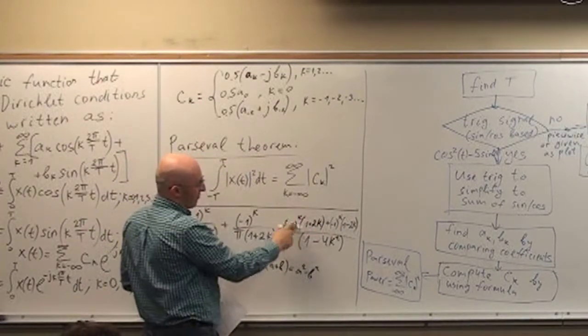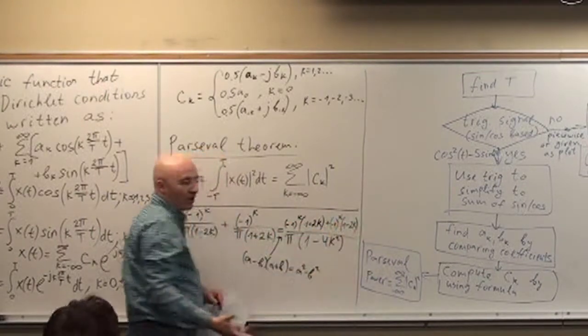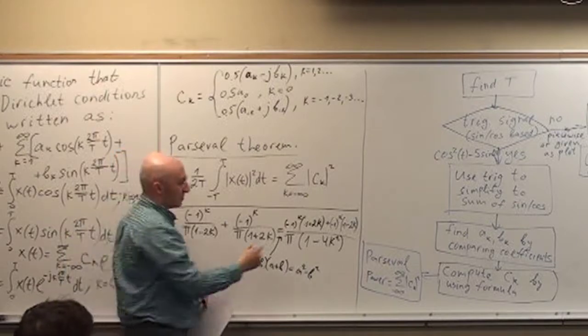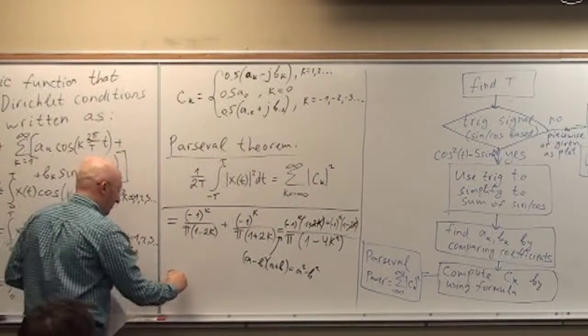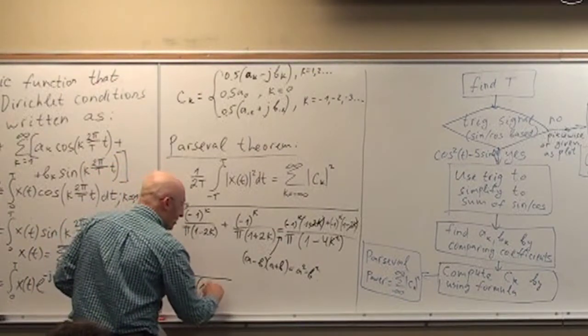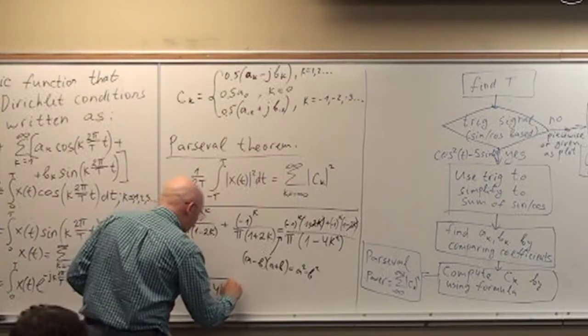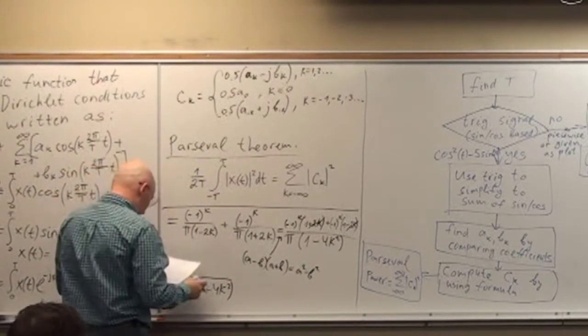Then minus 1, whatever it is, multiplied by 2k, and the same thing multiplied by minus 2k, they will cancel. So those things basically cancel. And this is what you will get. It's pi over 1 minus 4k squared on the bottom, and on the top you have just twice that thing.